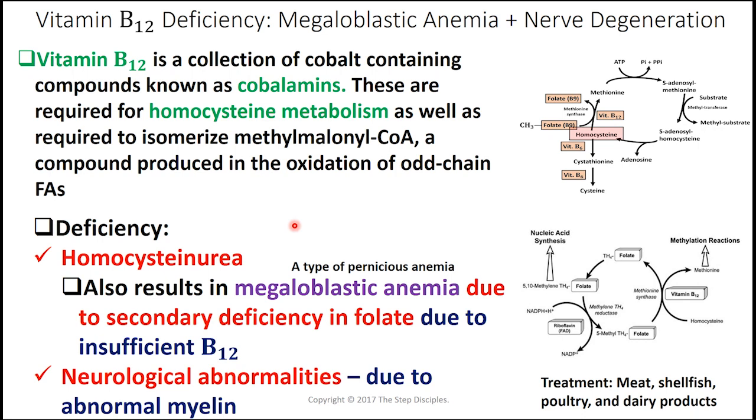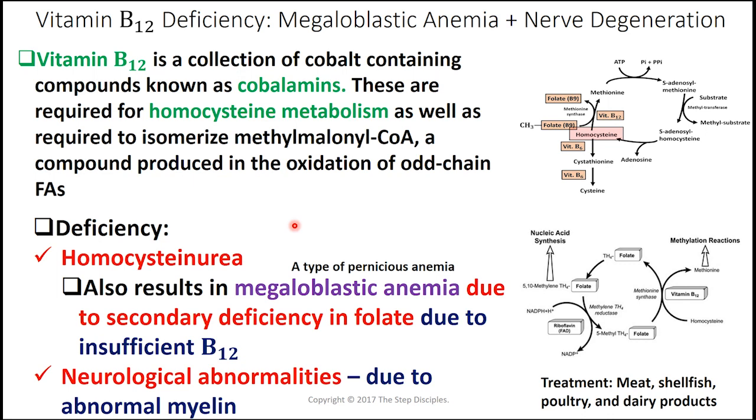It turns out that one of the things that vitamin B12 is required for is to isomerize methylmalonyl-CoA, a compound that is produced in the oxidation of odd-chain fatty acids. As you know, odd-chain fatty acids don't go through the normal beta oxidation pathway. Well, they do up until a point, and then once you get to propionyl-CoA level, you have to go through a different pathway.